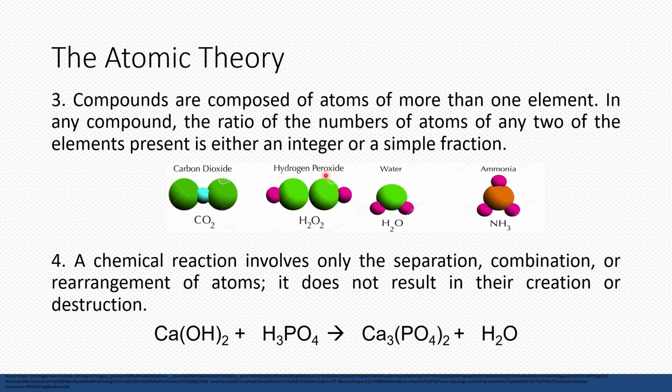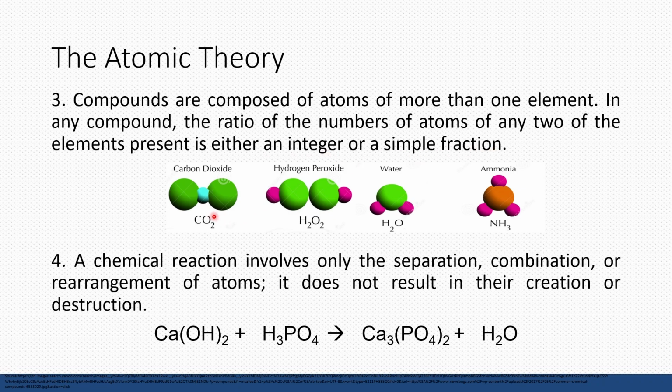Third, when more than one element combine, they form what we call compounds. Then any compound is in the ratio of numbers, this is the subscript, of any two of the elements present. It's either an integer or a simple fraction.